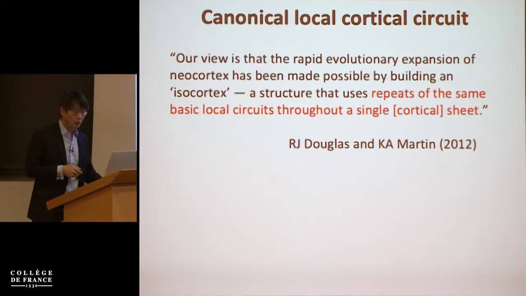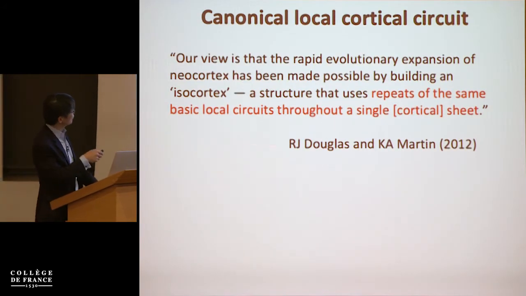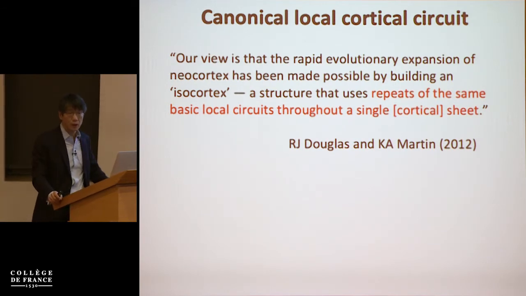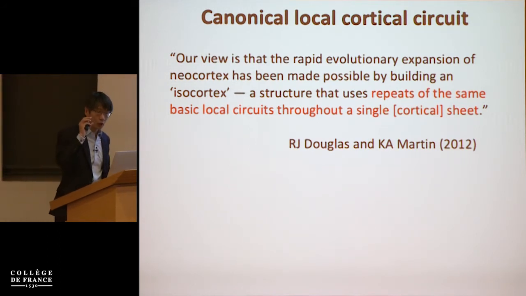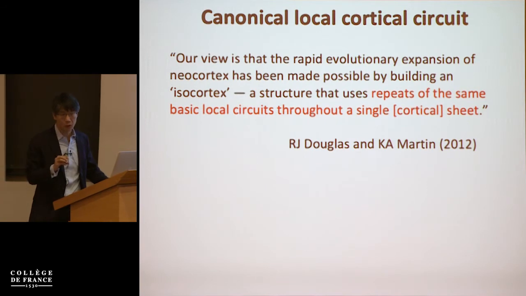So we would start with this common theme in cortical physiology, which says that, to some degree, cortex is all the same, even between species like rodent and primate. In that sense, the cortex is a repetition of a universal canonical microcircuit with a lot of repeats, and that, if true, is a very powerful idea.